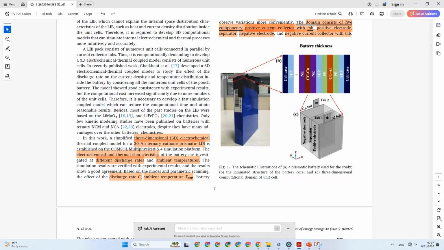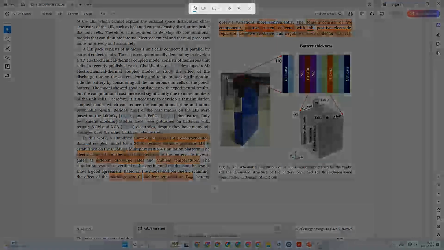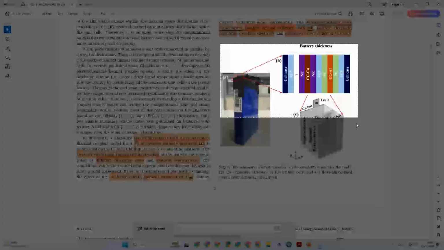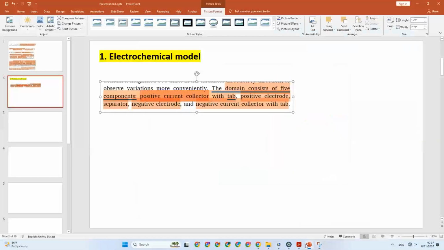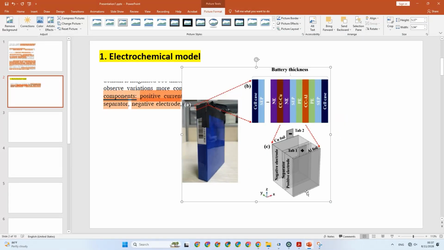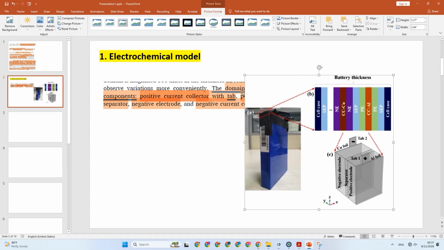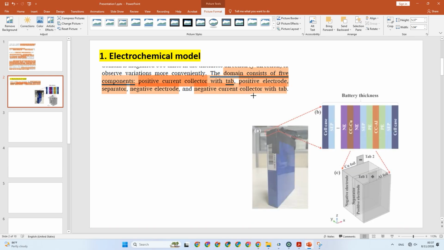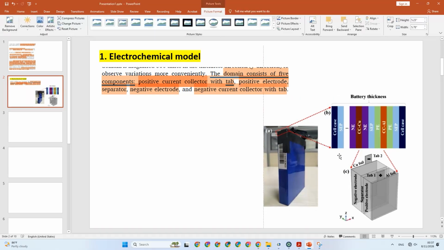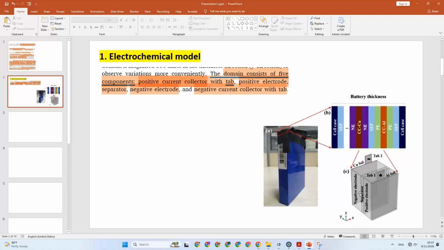Let me take a screenshot of that. We can see the negative electrode and separator. Here we have a tab for the negative electrode.